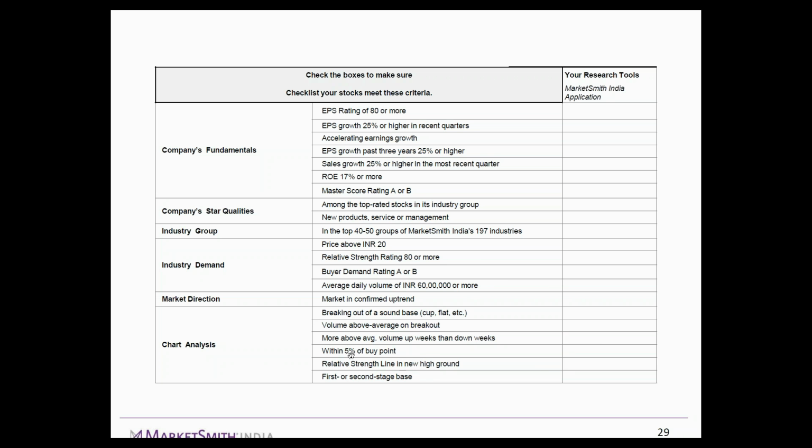Always consider taking positions within 5% from the pivot, that is 5% from its consolidation. Once the stock breaks out of the pattern and rallies about 5% or higher, that is when we should ideally not consider taking positions. However, 1-2% over and above that, we can consider doing that.